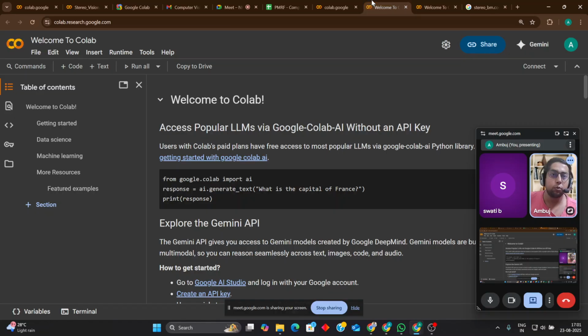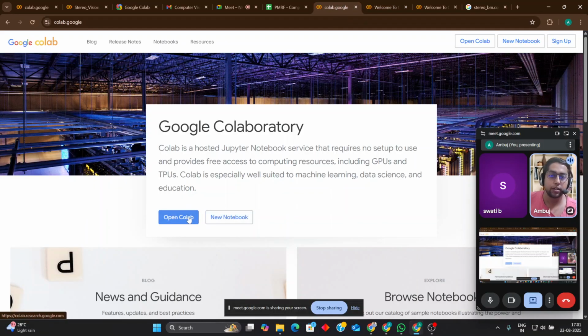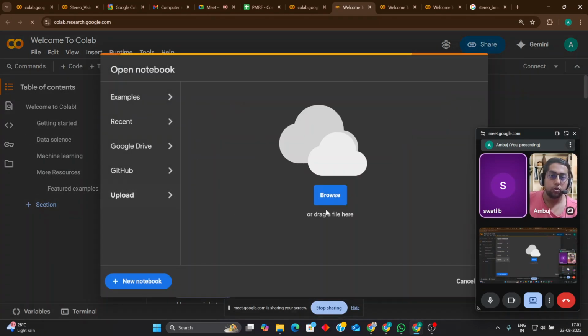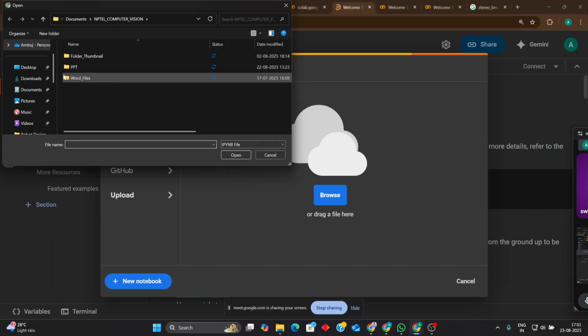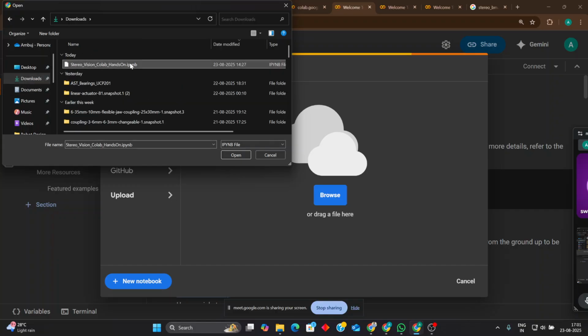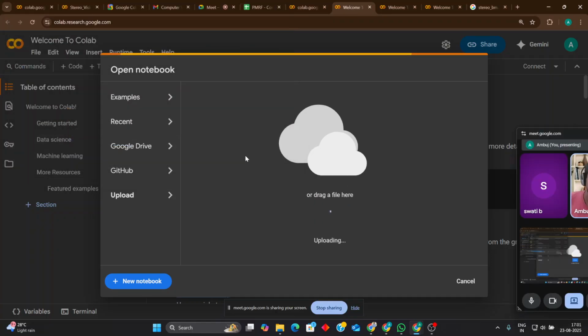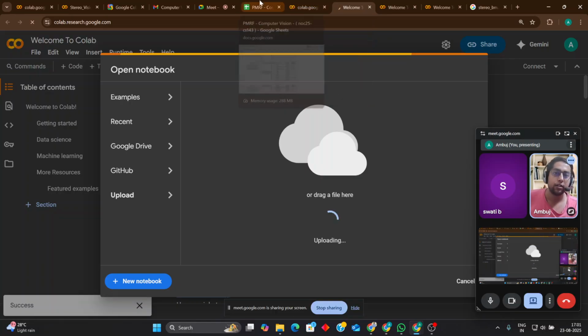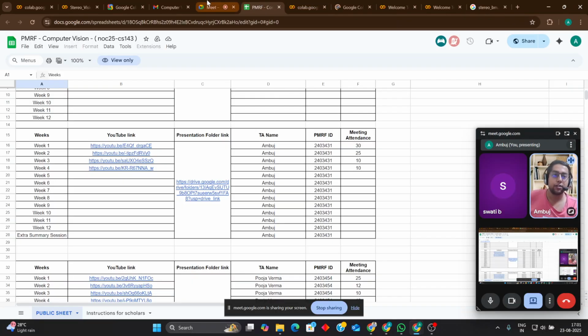You just have to import those notebooks from here. Open Colab, then upload, then browse, and then just open like this. I'll share the notebooks within this particular folder only, the folder which I have shared with you as a link, which has the recordings and everything. I'll be sharing that.